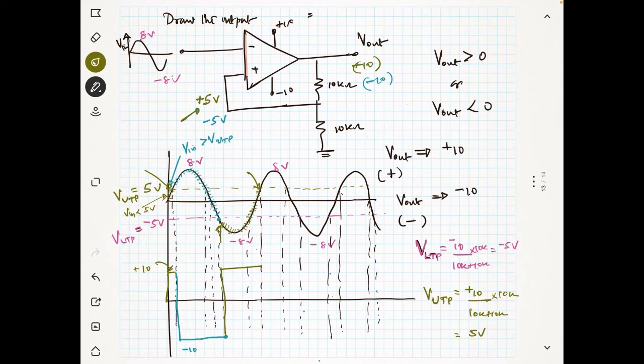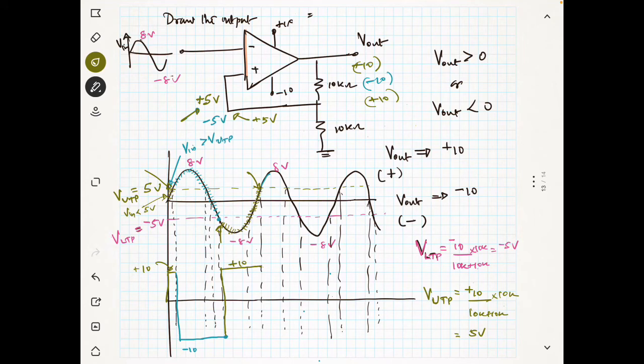Similarly, at this portion, since the output is positive, you have 10 volt, so the output will be 10 volt, and the reference voltage will switch to VUTP. That means it becomes 5 volt again. Now up to this point Vin is less than VUTP, so the output will be positive.